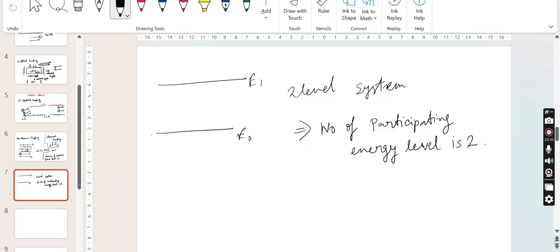The two-level energy system does not do the lasing action, because the population inversion is not being created.